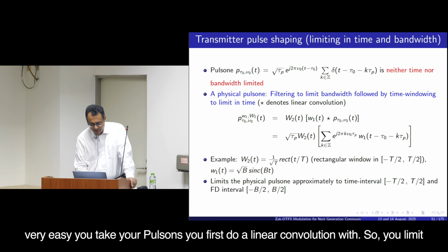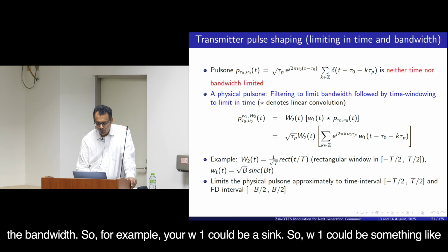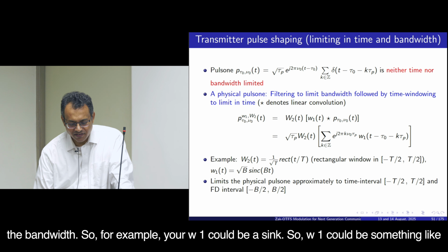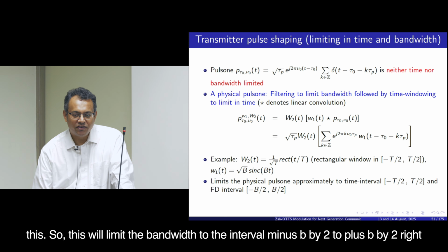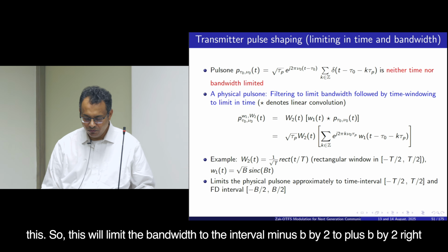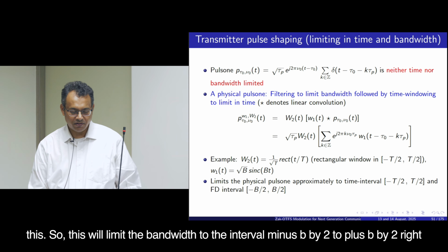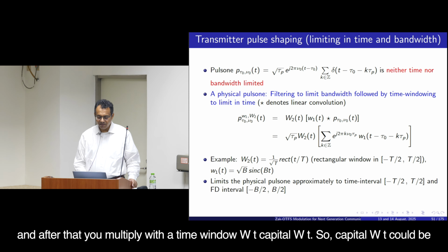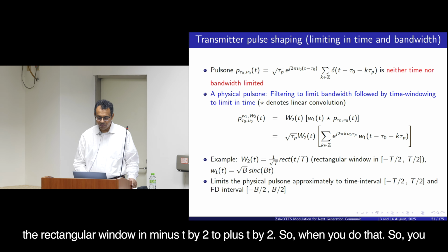Very easy. You take your pulson, you first do a linear convolution with W1, so you limit the bandwidth. So for example, your W1 could be a sinc. So W1 could be something like this. So this will limit the bandwidth to the interval minus B by 2 to plus B by 2, right. And after that you multiply with a time window, capital Wt. So capital Wt could be the rectangular window in minus T by 2 to plus T by 2.